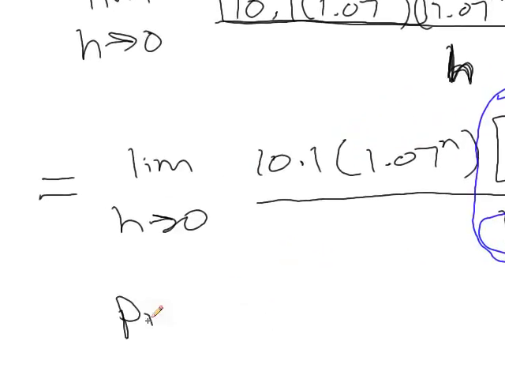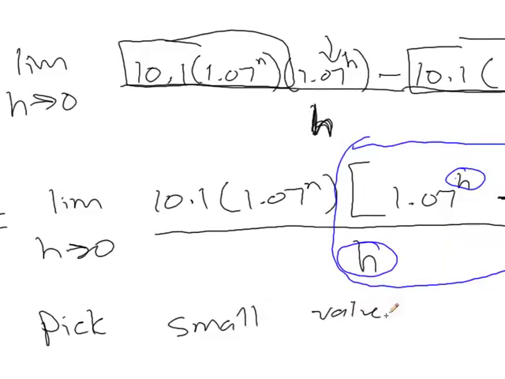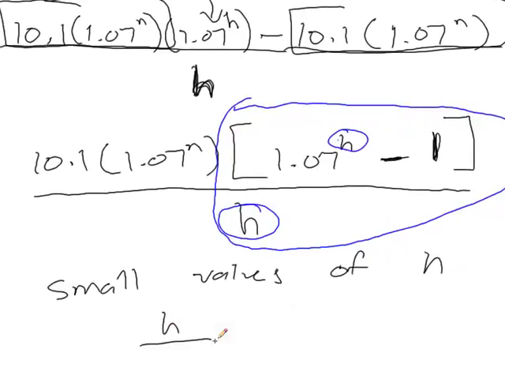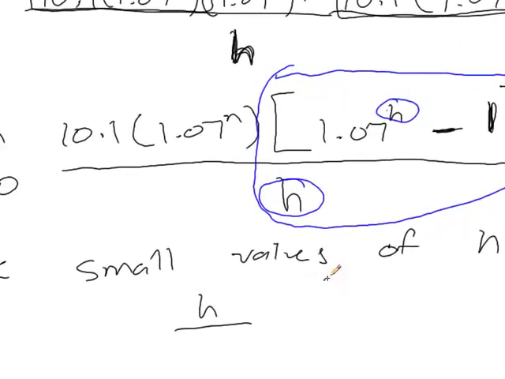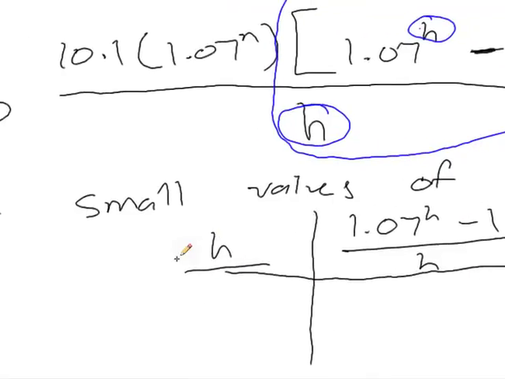So pick small values of h. This is really similar to what we've already done in this class, except that we haven't done it quite like this before. So I'm going to make a little table here, and compare what happens to this ratio when I change h.